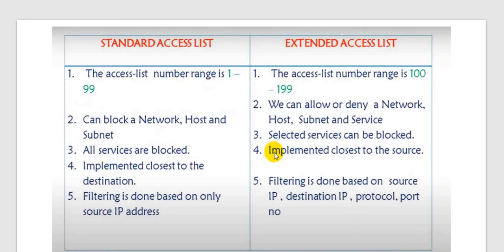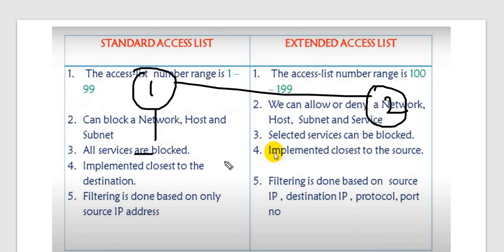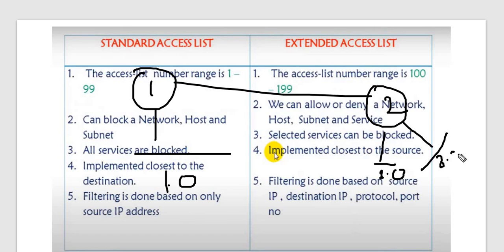What this means is, suppose there is router 1 and router 2, and you have one subnet 1.0 and two subnets here, 2.0 and 3.0. If 1.0 would like to access 2.0 and you want to use a standard ACL, you always have to implement it closest to the destination. Why? Because this is a standard ACL.